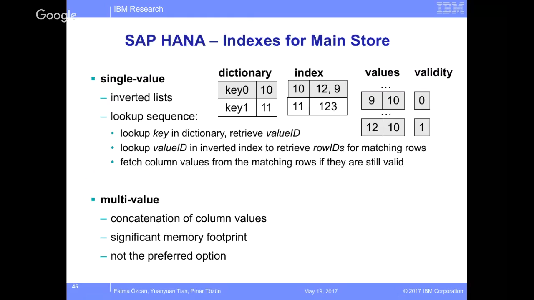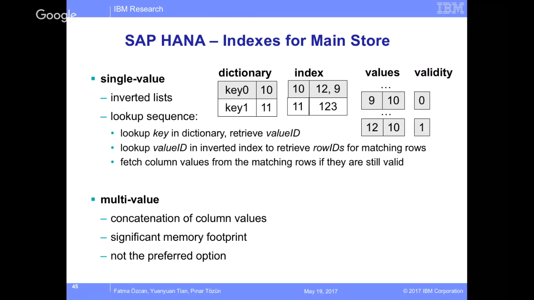So whenever you want to look up a key, you first look at the dictionary and see the dictionary value for that key, and having found that value, you then go through the inverted index to get the row IDs for the rows that have that key.